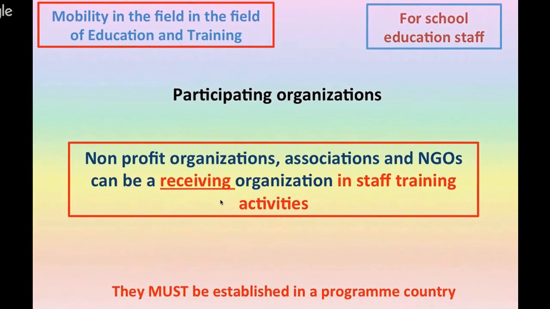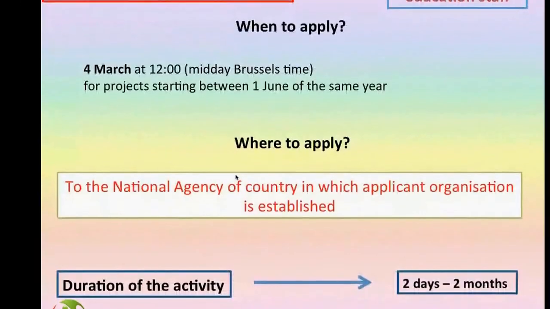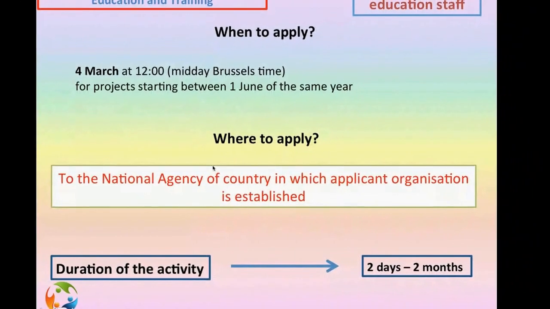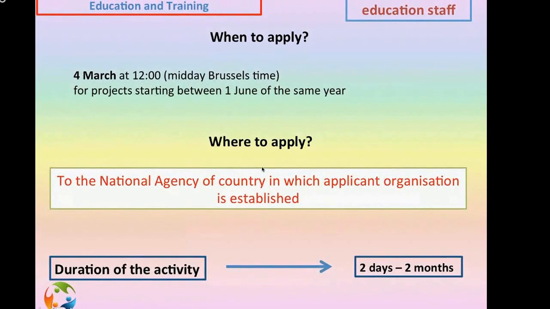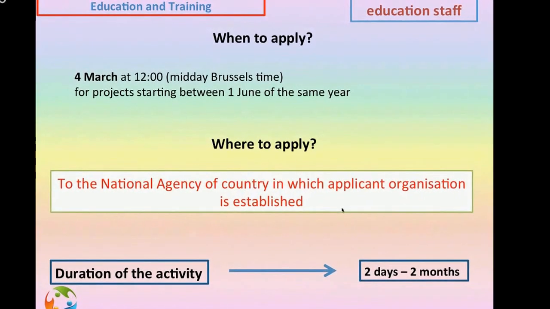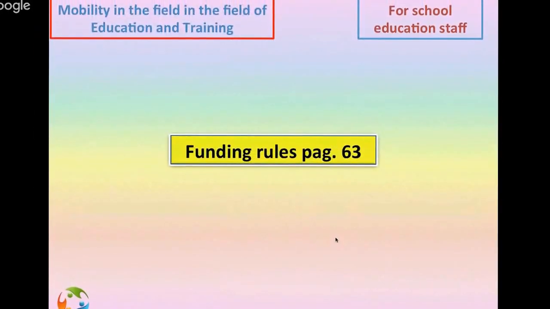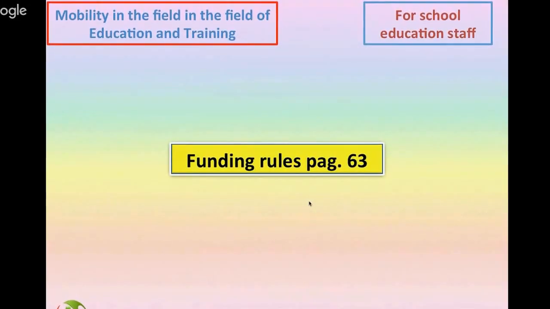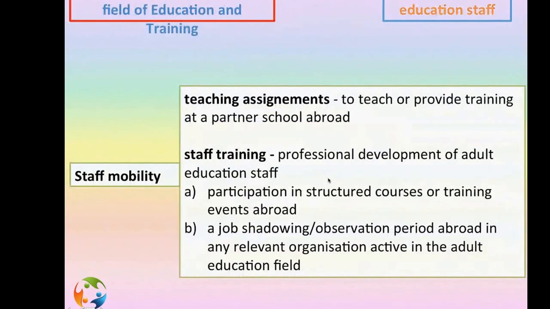And again, they must be established in a program country. The deadline is the 4th of March of every year, and you have to apply to your national agency. The activity can last up to 2 months, and minimum they have to be 2 days long. Specific funding rules you can find starting from page 63.